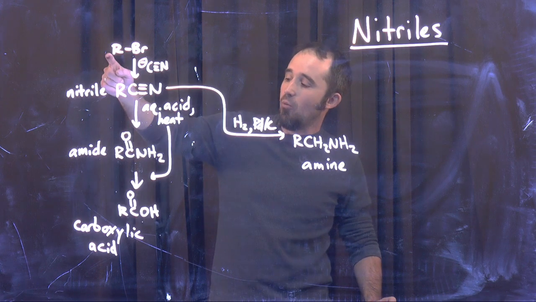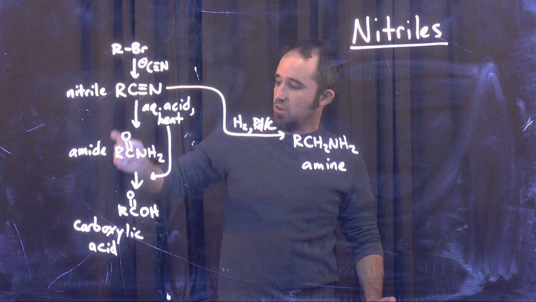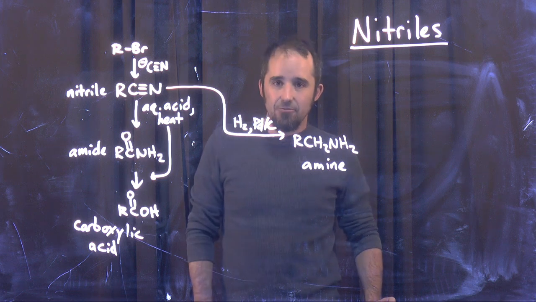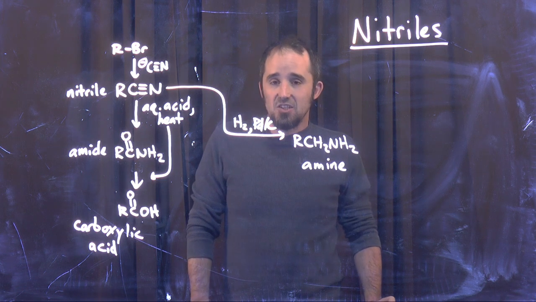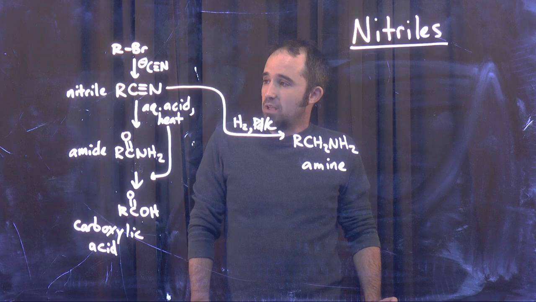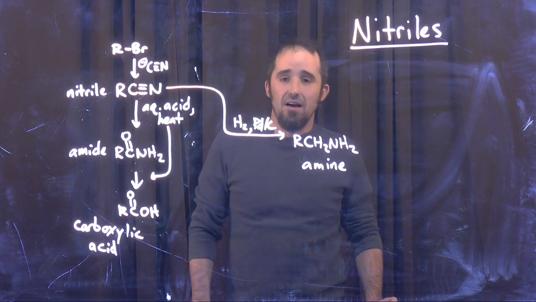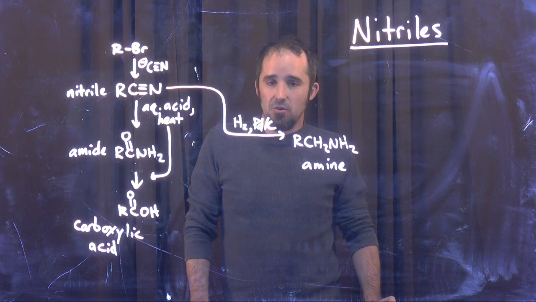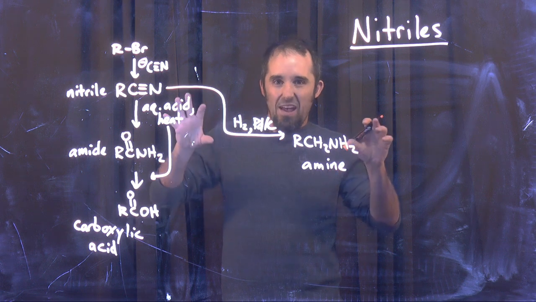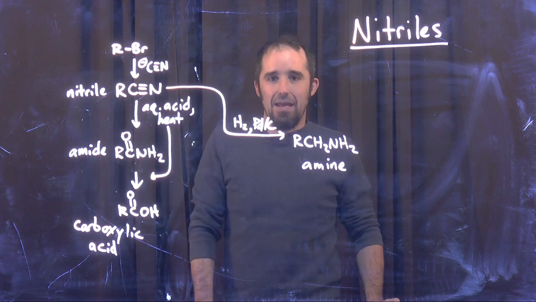I can start with an alkyl bromide and get to 1, 2, 3, 4 different functional groups. And we'll actually learn later in the course how we can use this to functionalize the carbon next to the nitrile as well. So this is a nice branching point when we think about building our synthetic web of different things that we can make from different things.